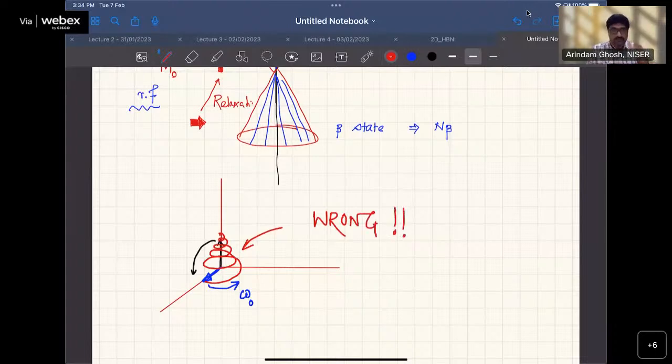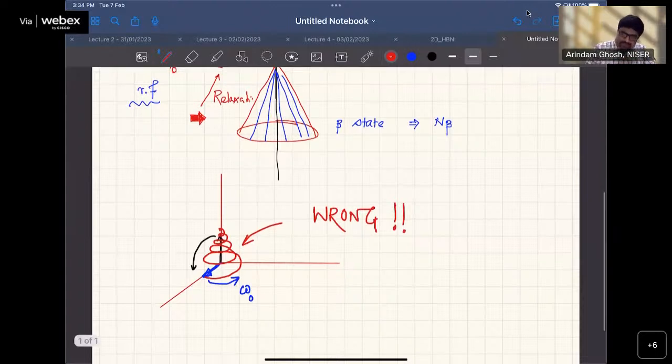And I can prove this. How? If this picture had to be correct, then I can understand from simple logic that the time it will take to vanish this X component, because it is slowly going up, no?